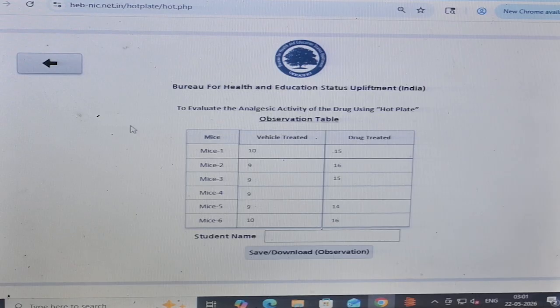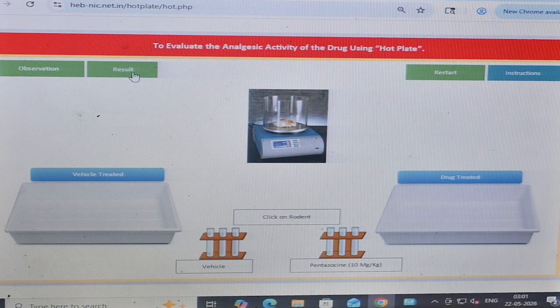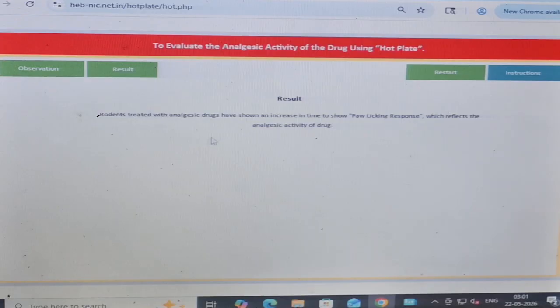So this result indicates active analgesic, pentazocine has analgesic activity in humans or in rodent animals. The rodents we treated with the analgesic drug have shown an increase in the time of the hind paw licking response, which reflects the analgesic activity of the drug.